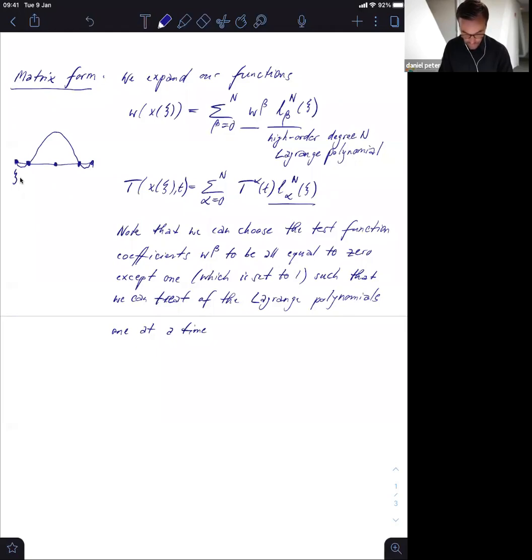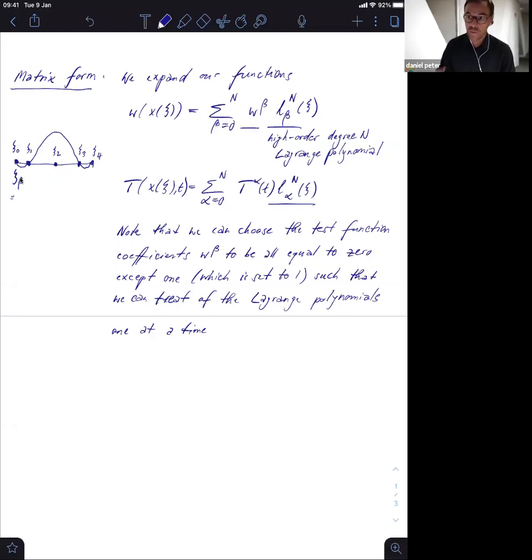This would be psi beta. So we start with psi 0, psi 1, psi 2, psi 3, and psi 4.